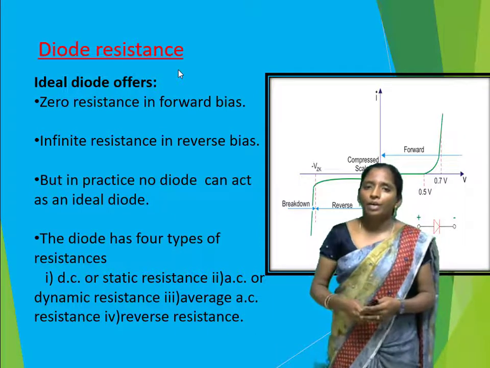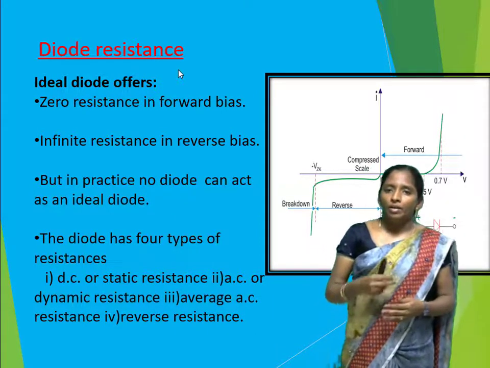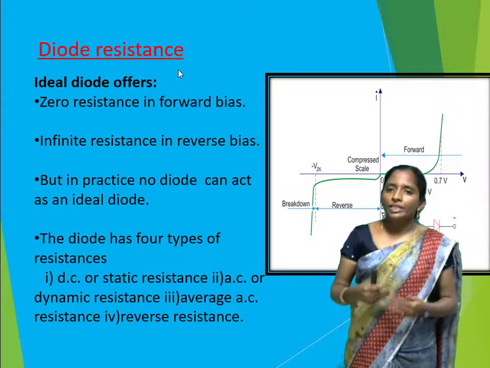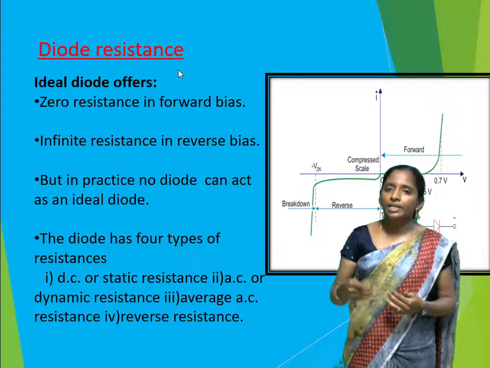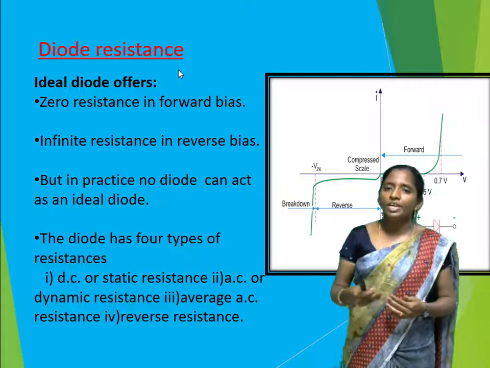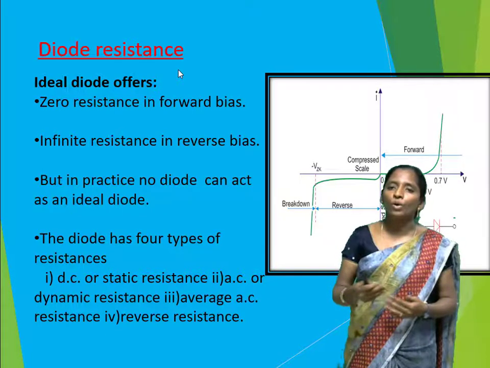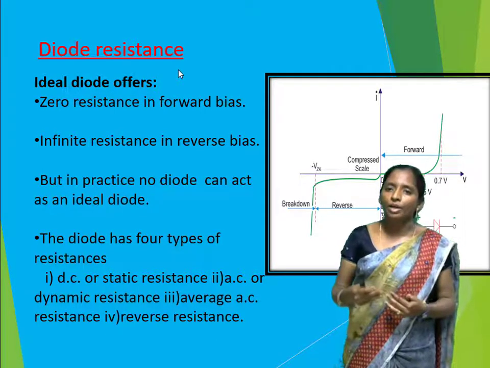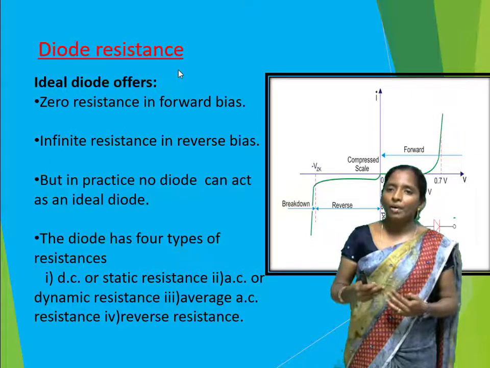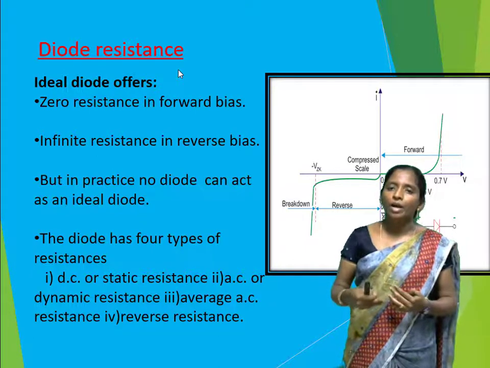Generally the ideal diode offers zero resistance in forward bias, and in reverse bias it offers infinite resistance. But no diode acts as an ideal diode. If the diode acted as an ideal diode, it would act as an insulator in the reverse bias and a conductor in the forward bias.